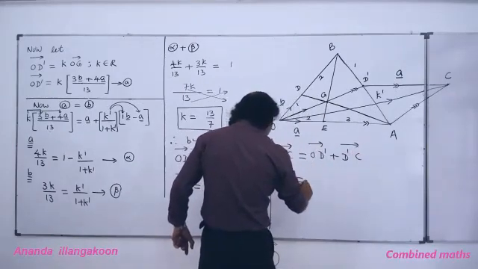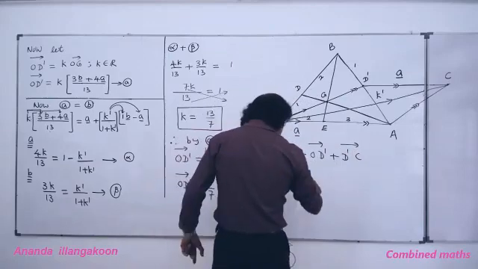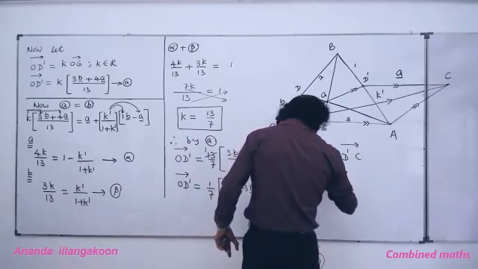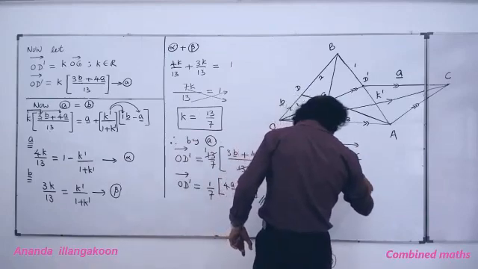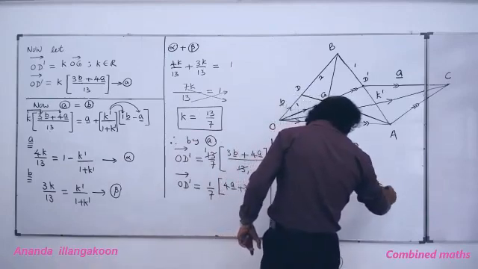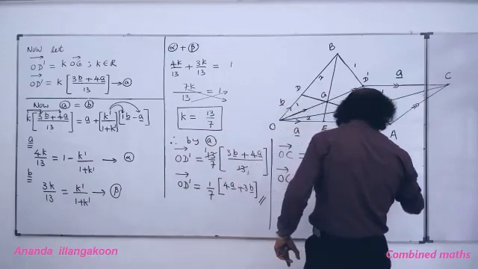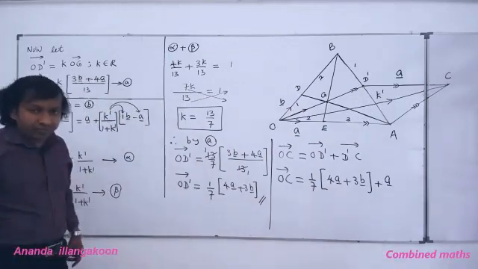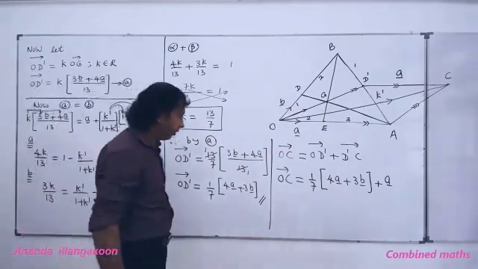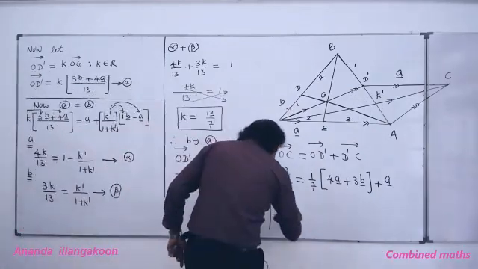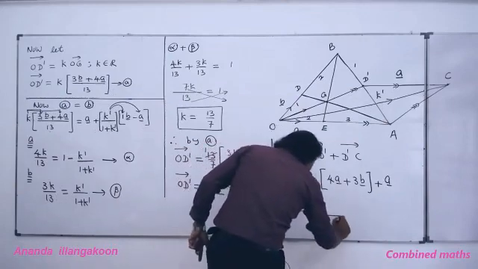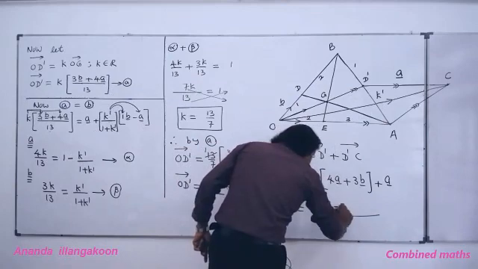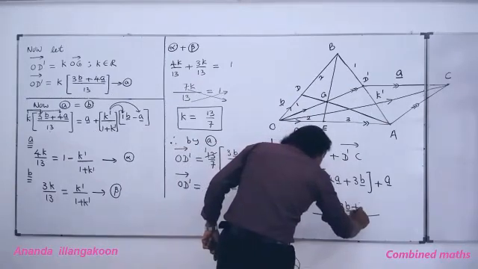OC vector is therefore OD dash, which is 1 upon 7 into 4OA plus 3B. D dash C is simply A vector. Then take the common divisor as 7, so this changes to 4OA plus 3B plus 7A.